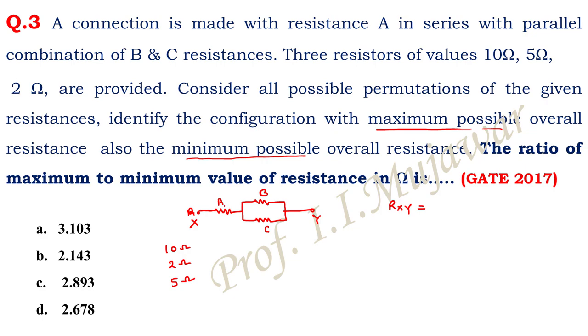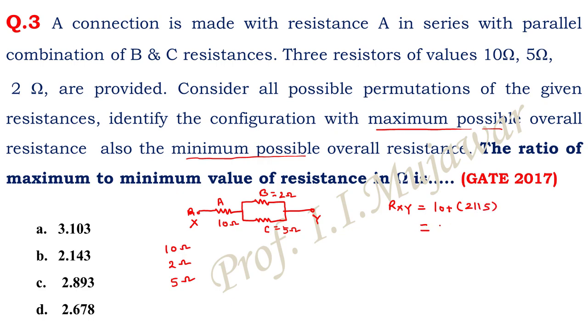So this A is in series with the parallel combination of B and C. So obviously my A value should be maximum. So here I should take 10 ohm and the remaining two values I can take here, that is 2 ohm and 5 ohm. That means Rxy comes out to be 10 plus 2 parallel 5.